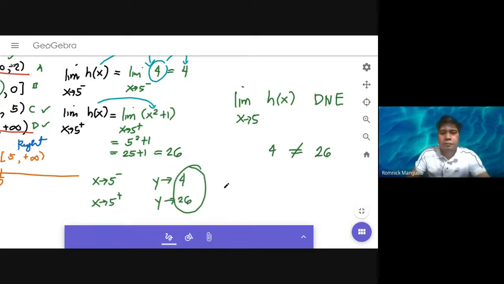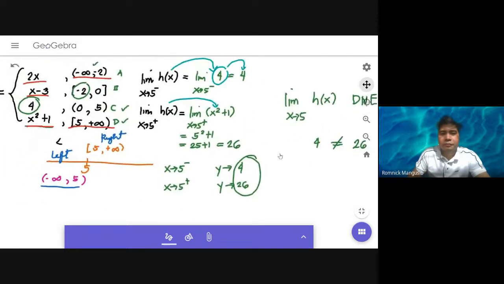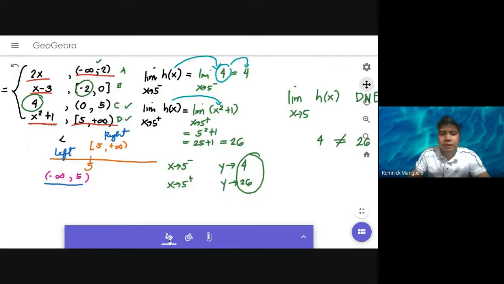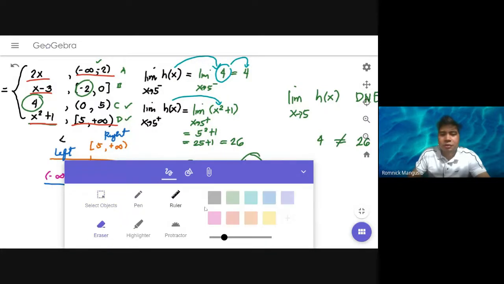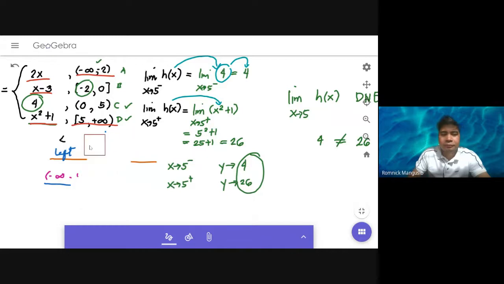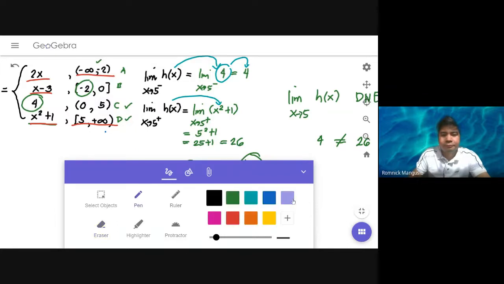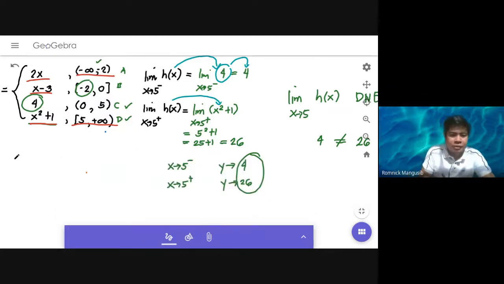Okay? So I think let's have another example. So with the same given, with the same function, let us try to answer this. What is the limit of h of x as x approaches -2? Limit of h of x as x approaches -2 from the left.